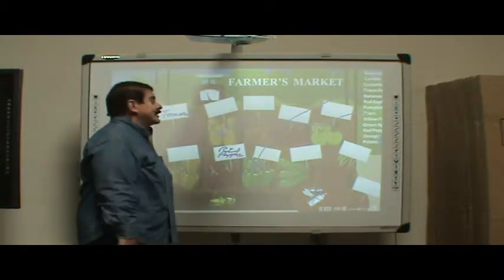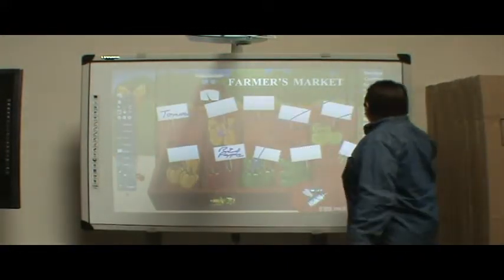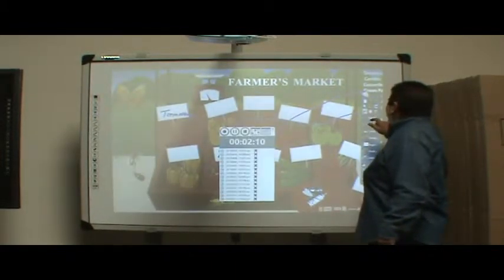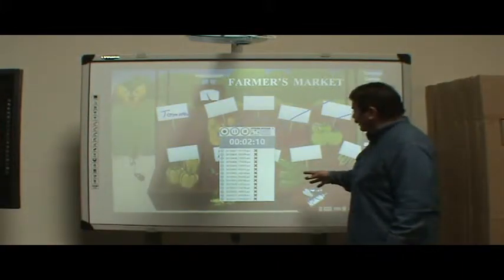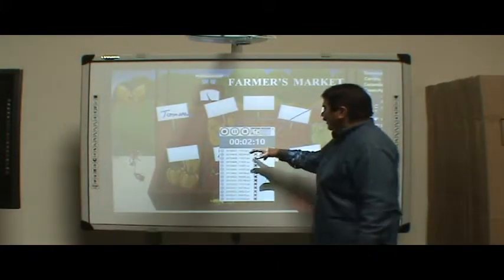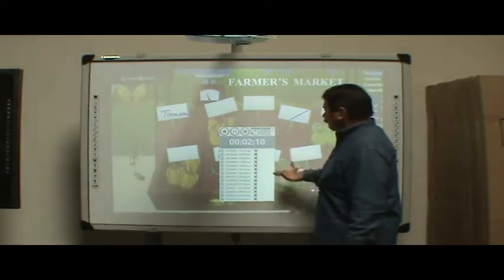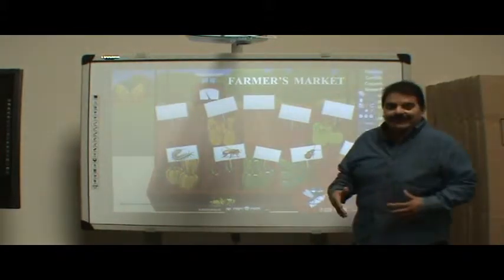So we have 3 different exercises that we can do. Once we finish, then all we have to do is go back to the menu. We can stop it, and it has a list of all the different recordings that I've done thus far. And it'll always have the most current one up here. So I'll press that. And what I'll do is I'll go ahead and play back everything I've done.